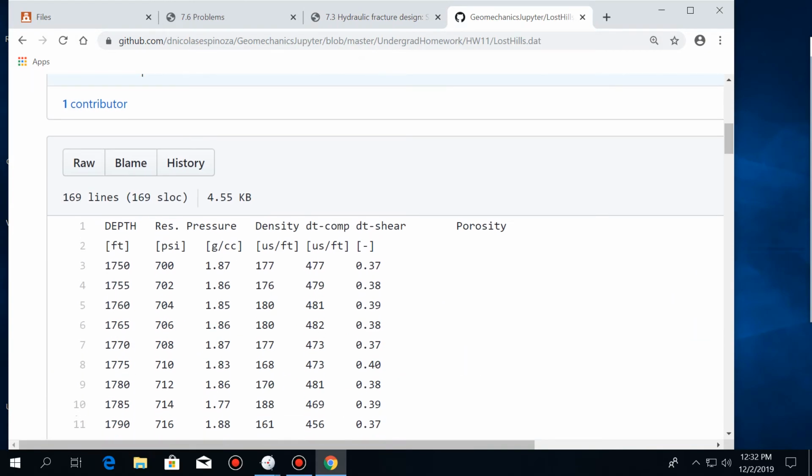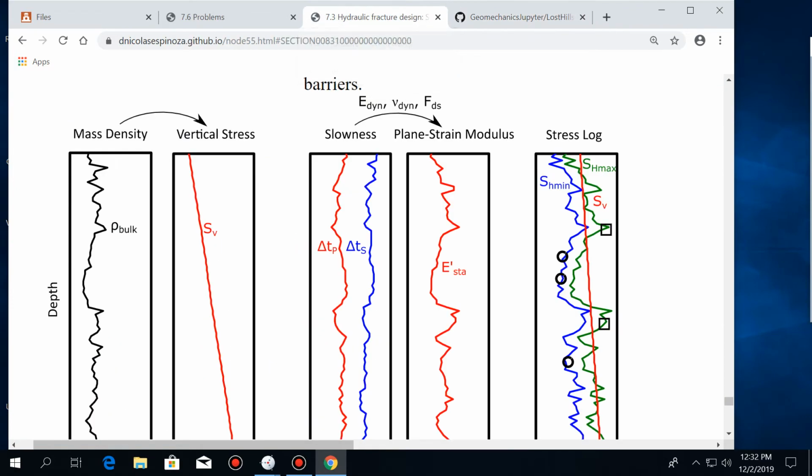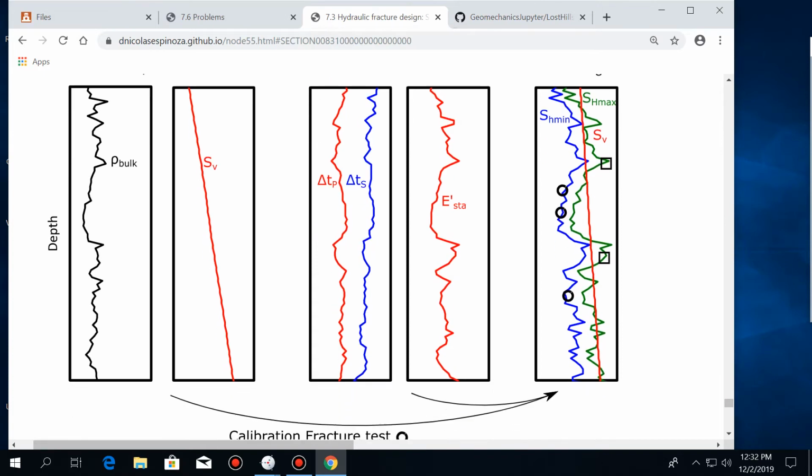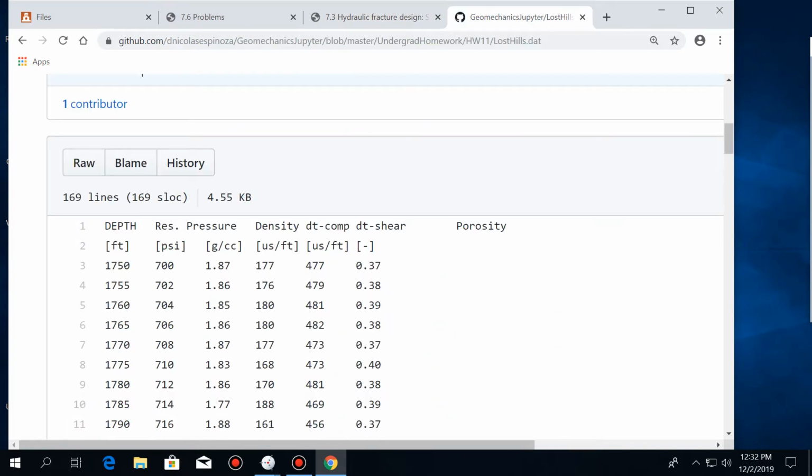here you have depth, reservoir pressure or pore pressure, density, travel times, and also porosity. So with all this data, with density, you can calculate the vertical stress. This is a place onshore, and it starts at 1750 feet.